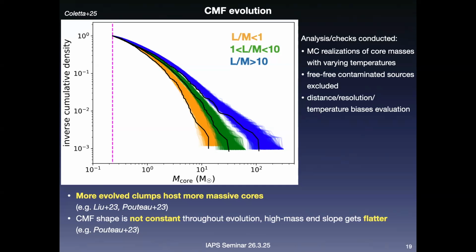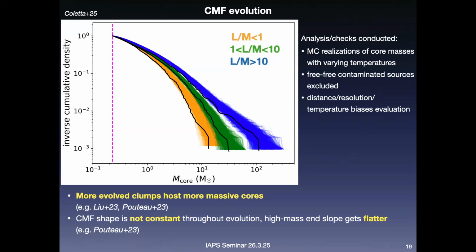We also did some further subdivision in L/M, and of course the statistics get much lower, especially for the L/M below 1 sample, but there was a hint of that. So of course the very high mass objects are almost single counts, so it's not easy to say; they could be extreme values.